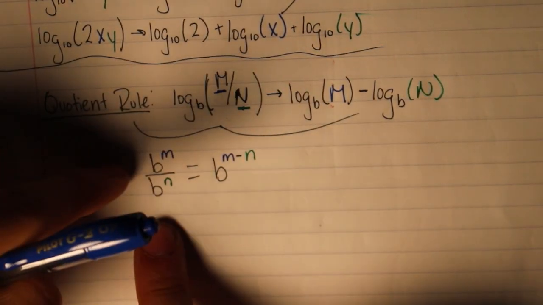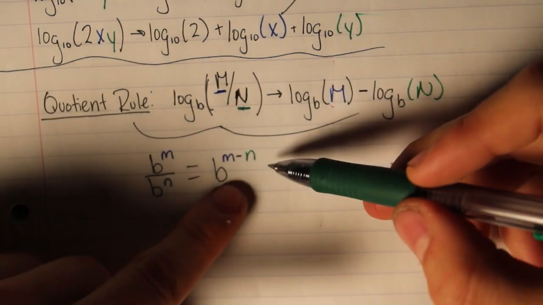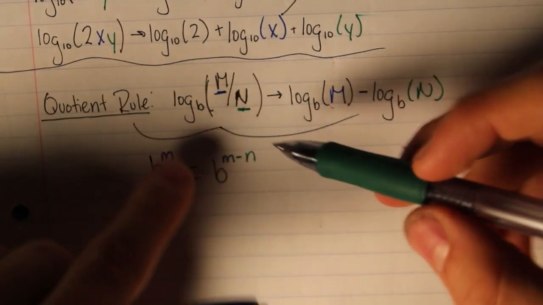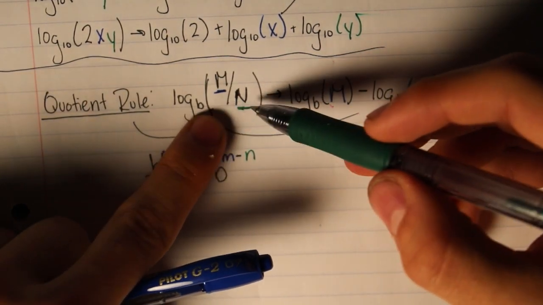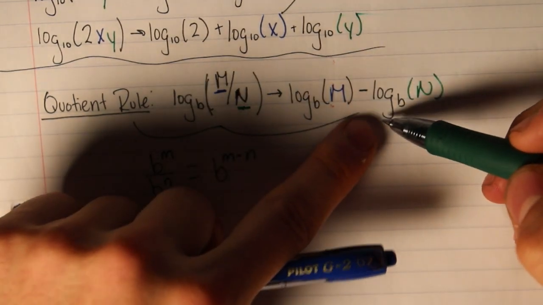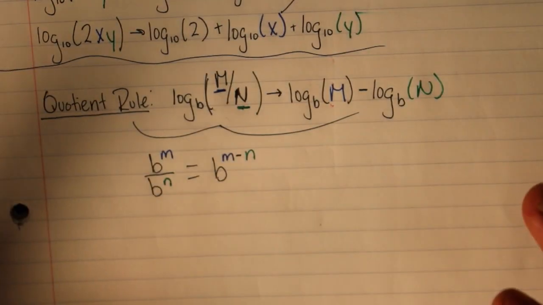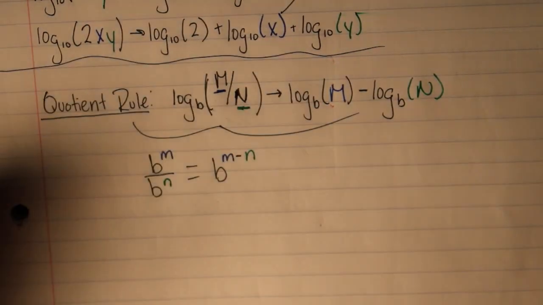We have division of exponents with the same base. We subtract the exponents. We have a log with division inside. We keep the same base and we subtract the variables. Same thing. It's the same concept. Right? That's all we're doing.